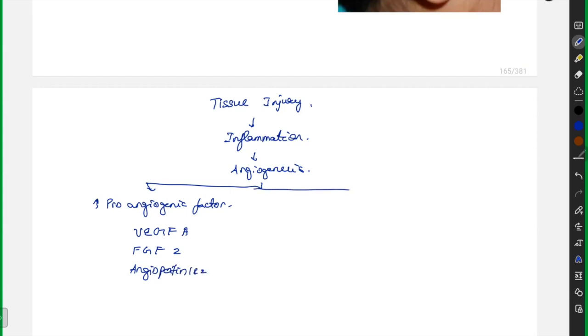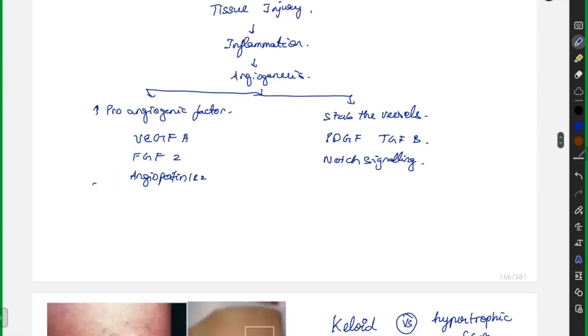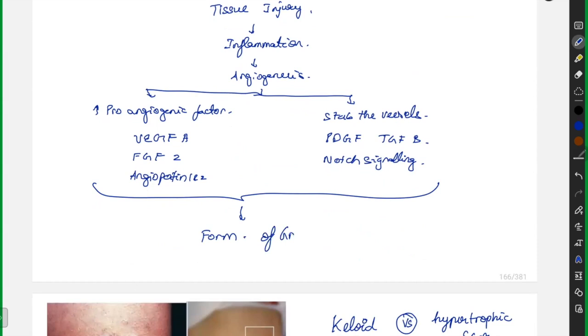The second thing is stabilizing the vessels. How do you stabilize the vessels? By platelet-derived growth factor, then TGF beta and the Notch signaling mechanism. All these things help in the stabilization of vessels. Now, this leads to formation of granulation tissue.